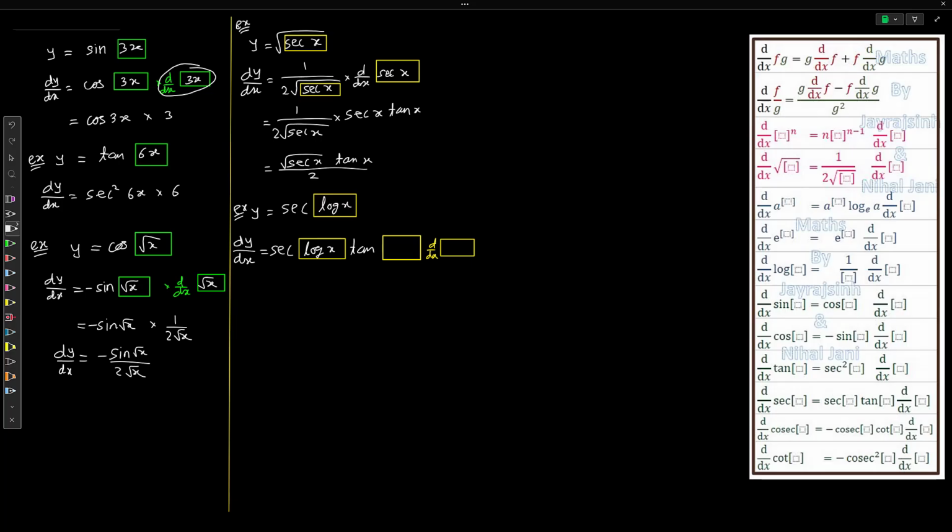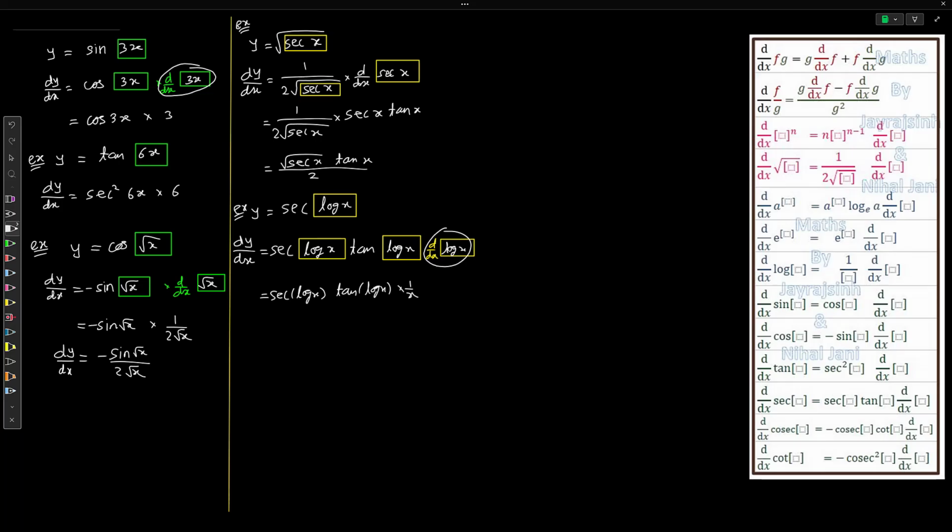So in the next step, sec log x and tan log x will be as it is. Differentiation of log x is 1 by x. This is your final answer. Ta-da! Any problem? Chalo.